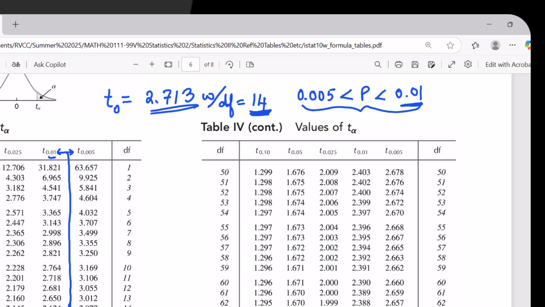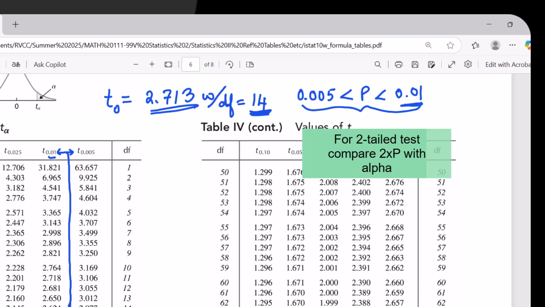If it is a two-tailed test, however, you have to double up the number. Whatever p-value you found, you should multiply that by 2 and then compare with alpha. So to determine whether we are rejecting a null hypothesis or not, we compare the probability to check if it is less than alpha.